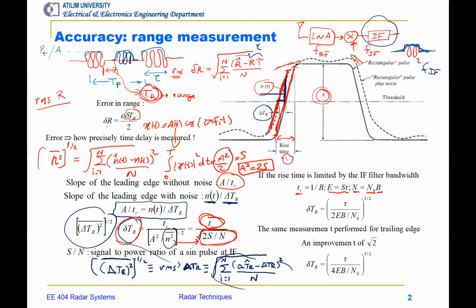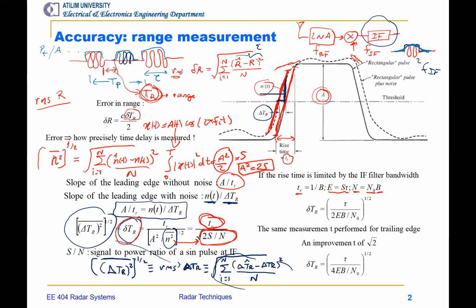Whenever we apply a rectangular pulse to a filter, to any system, we always get a smoothed version because the frequency content of a pure rectangular pulse extends from minus infinity to plus infinity, which means that we have an infinite bandwidth signal. Since we do not have an infinite bandwidth filter, we always have some kind of distortion or smoothing on the pulse.